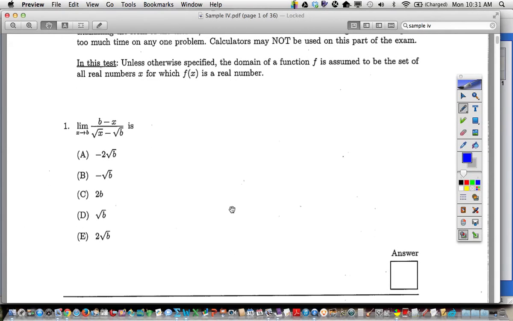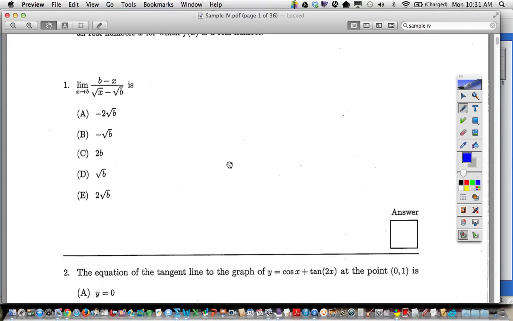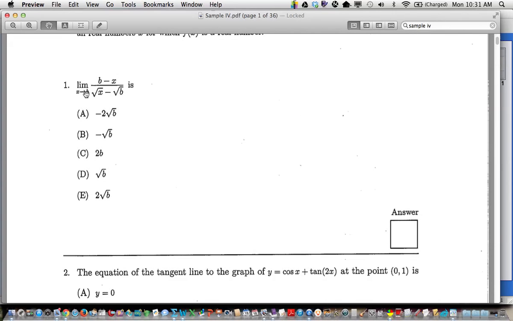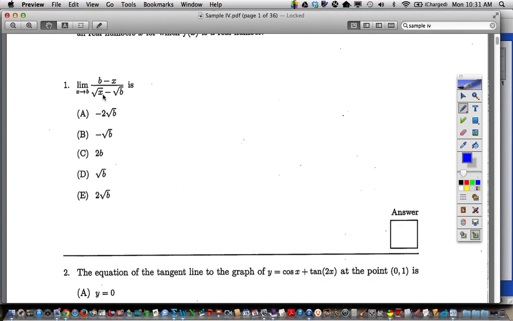Oh, shoot. We could do this one too. Limit as x approaches b of this right here. You try to plug in a b. Square root of b minus square root of b is 0. b minus b is 0. 0 divided by 0. So what would we do?